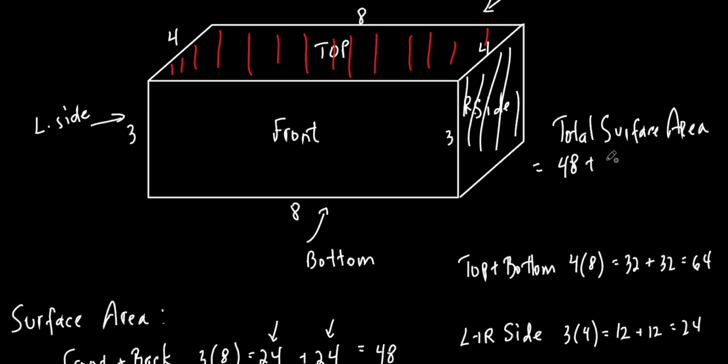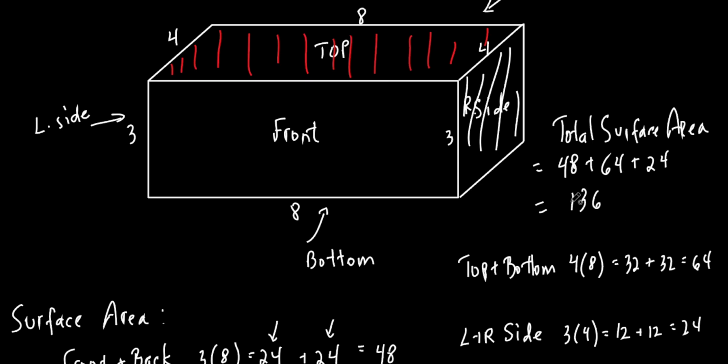Top and the bottom came out to be 64. And the left and right side came out to be 24. What do I do with all those? Add them all up. Probably could do that in my head, but I'm going to stick it in a calculator. So 48 plus 64 plus 24 is 136. 136. All right, and there you go.